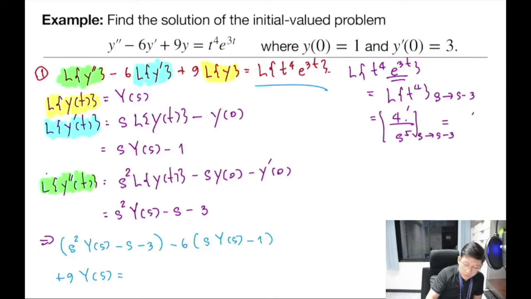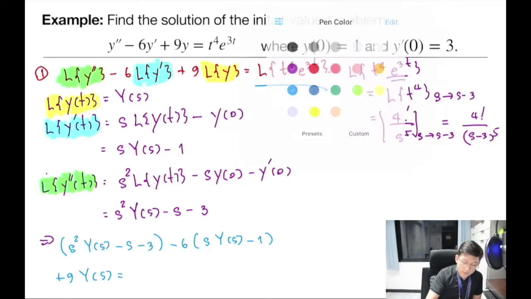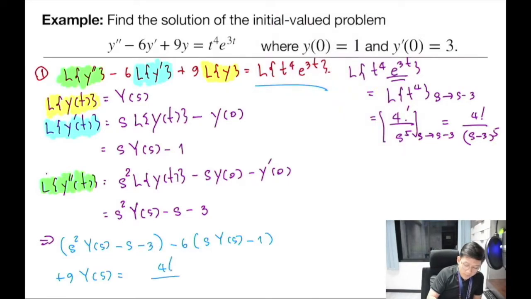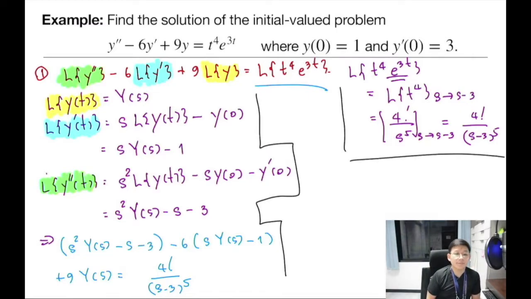And that will be 4 factorial divided by (s minus 3) to the 5. So we get all the Laplace transforms.